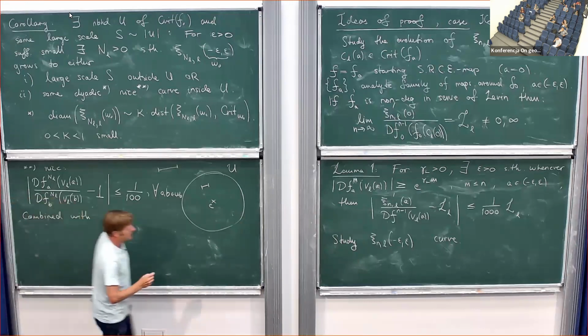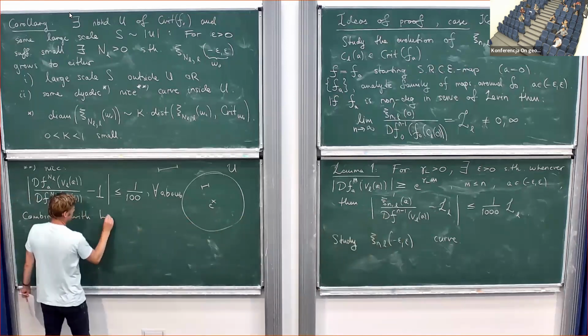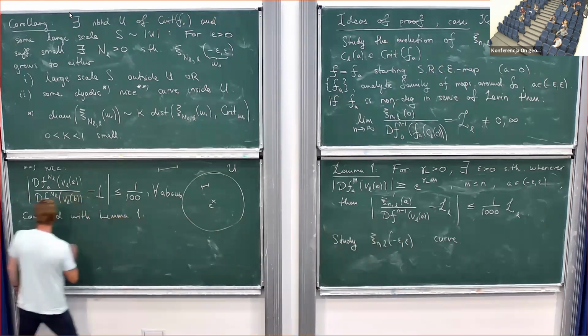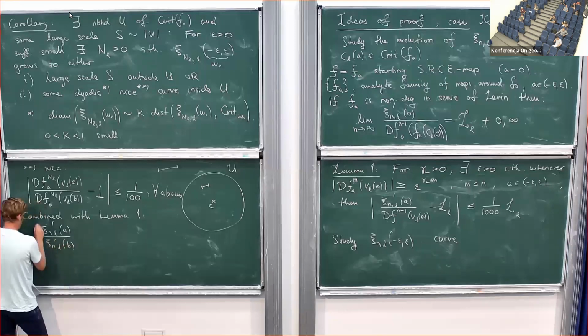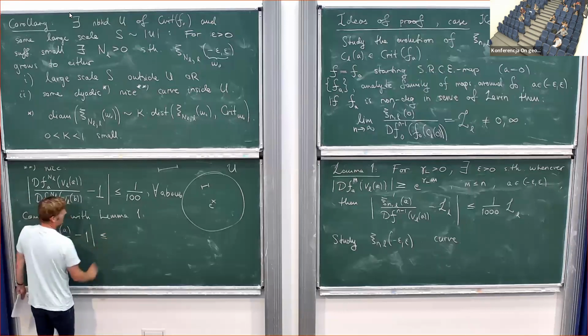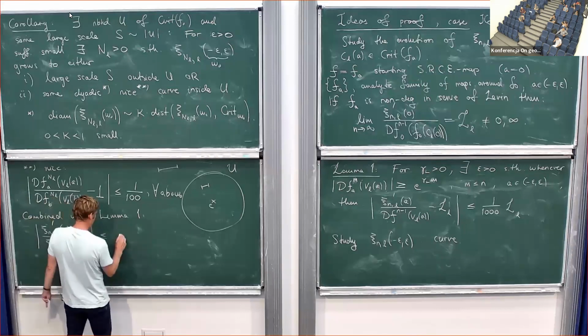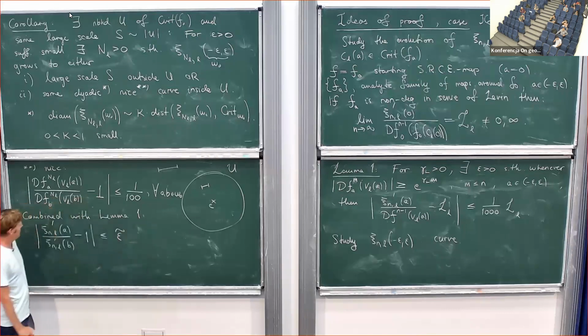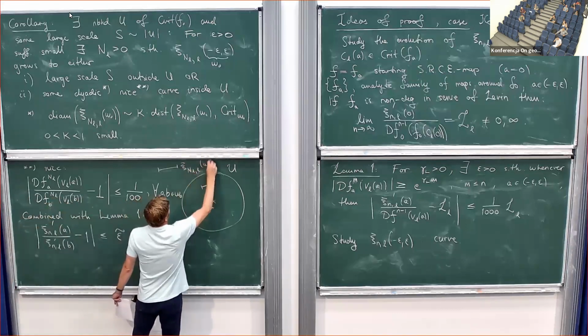Combined with lemma 1, you get that psi n comma l prime of A divided by psi n comma l prime of B is close to 1, within some small epsilon, and this also holds for A and B. So these curves psi n l comma l are more or less straight curves.